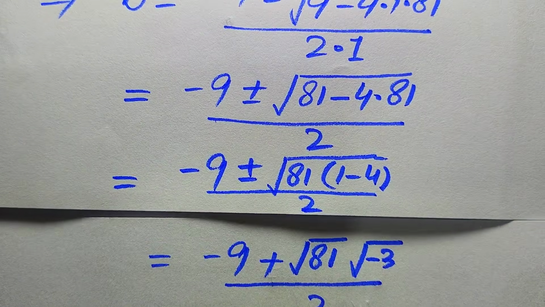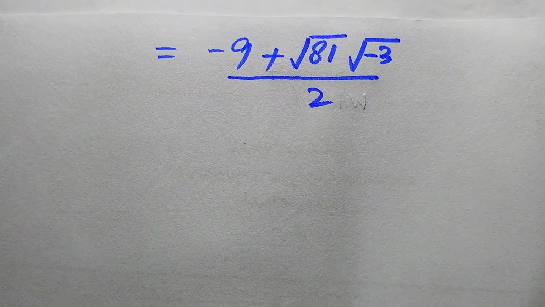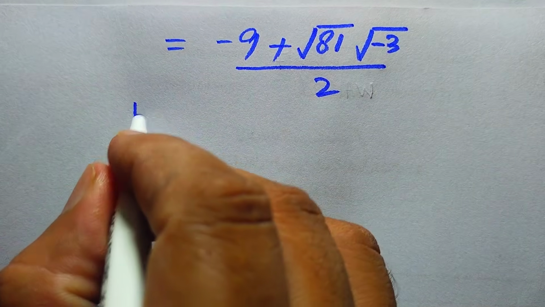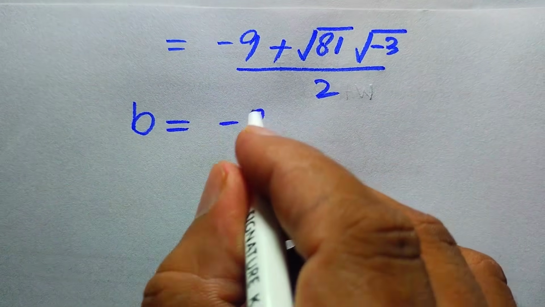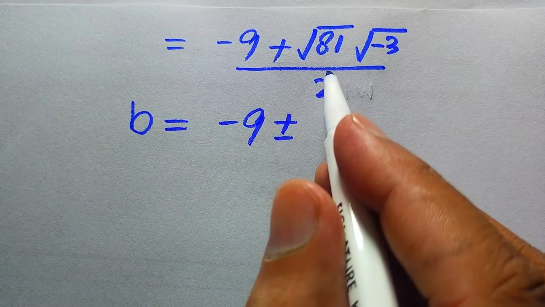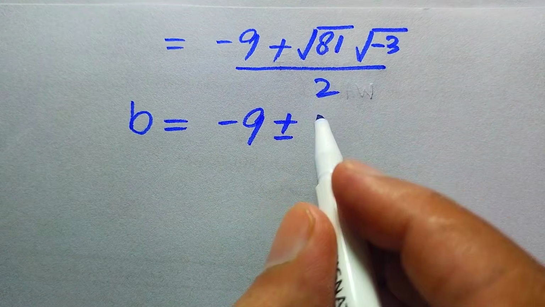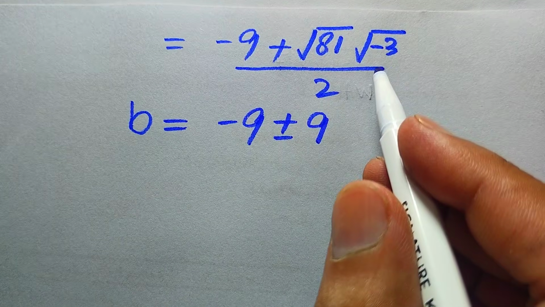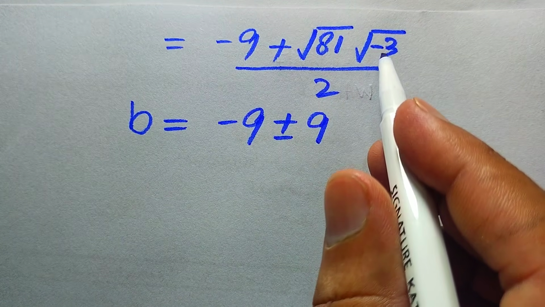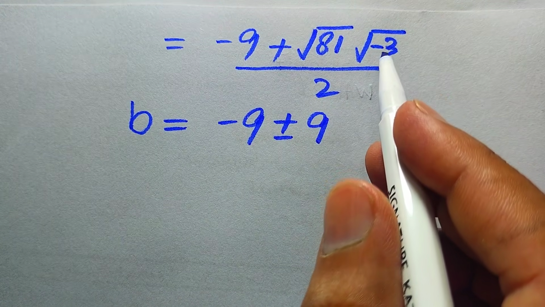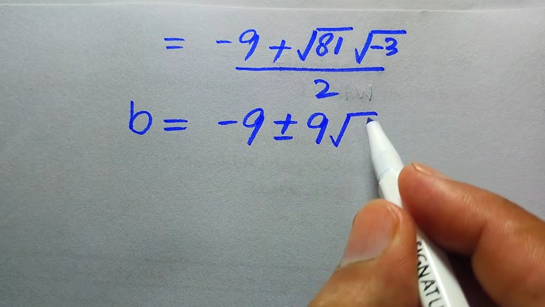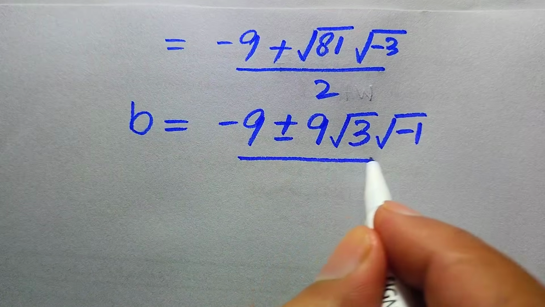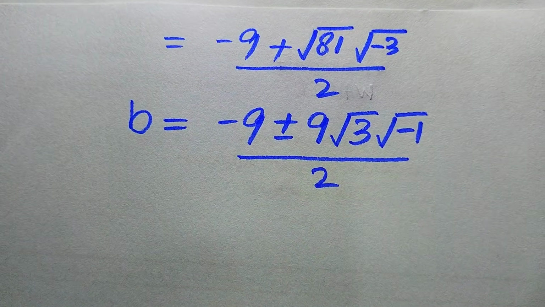So further we simplify this quadratic equation, and we get here the other values of b. So we have b is equal to minus 9 plus minus, here we know that square root of 81 is equal to 9 into square root of minus 3, and here we again separate this square root sign on the negative term and 3, and this will be written as square root of 3 into square root of minus 1, and it is divided by 2.